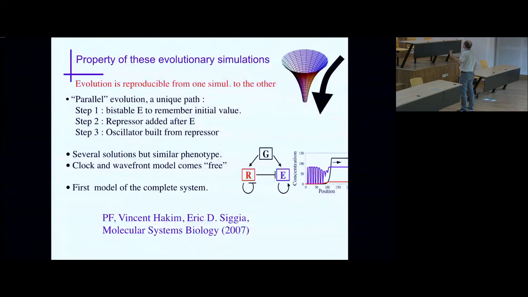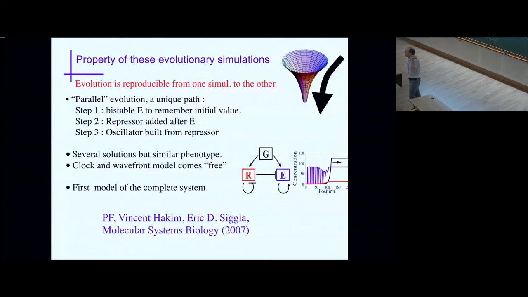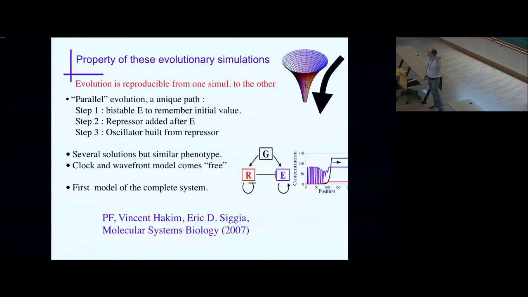I'm just saying it does not evolve in the simulation. I just say the clock and wavefront model is easier to evolve in the simulations. That's just what I say. It's not an impossibility theorem about having a Turing morphogenesis. I'm just telling you, if I do these simulations and I want to select for a pattern, it's super easy to make a clock and wavefront model.